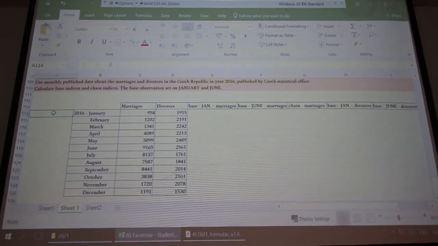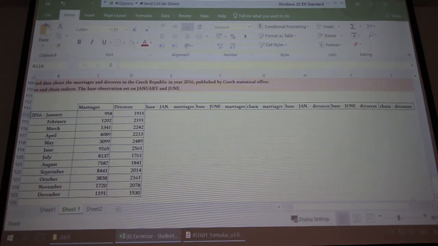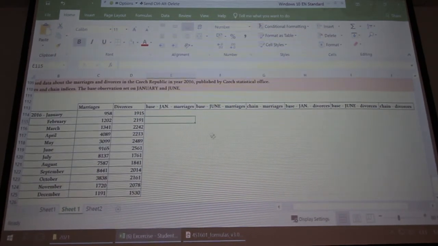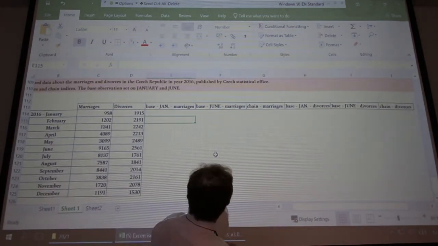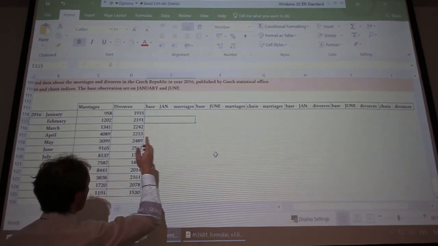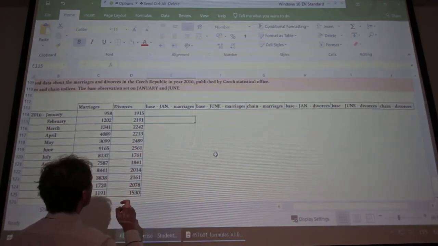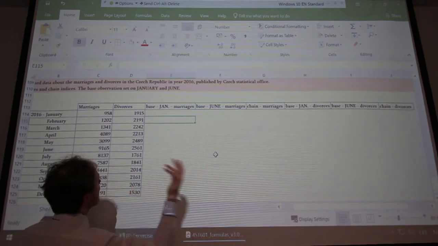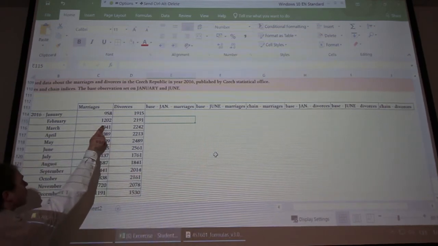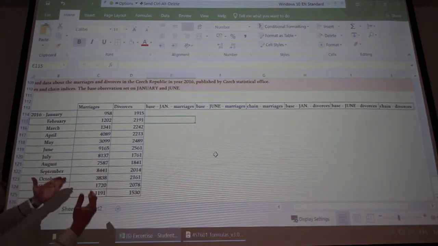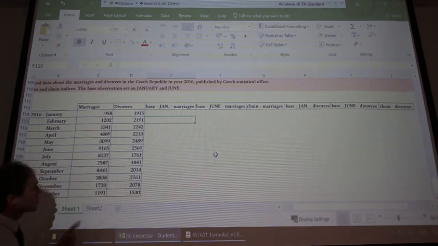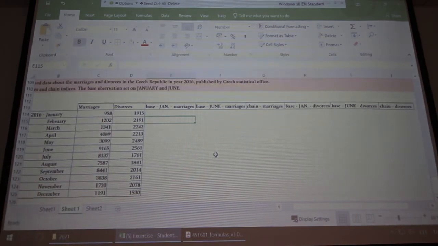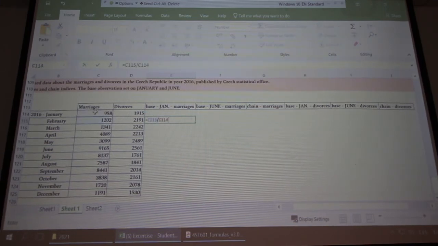So I will move this table, and you can see that everything is visible. Okay. So the base will be set on January. We must calculate the index like value in time t divided by first value. So value on January. So please write here equal sign this value divided by this value.